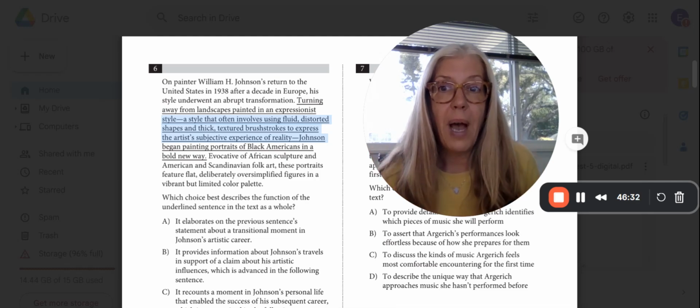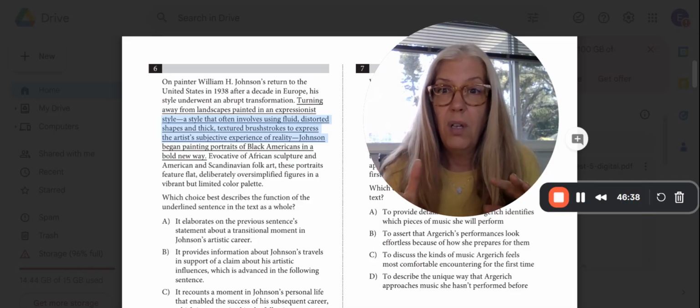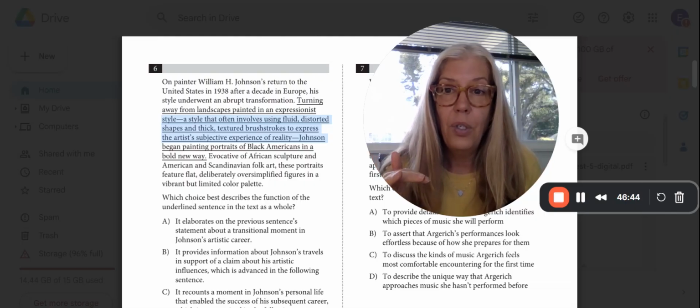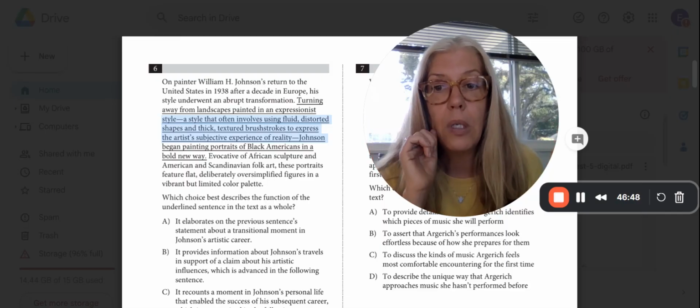Overall, they're talking about this. So if I say the main idea is Johnson's abrupt transformation from landscapes painted in expressionist style to a new style, I can just say that. I don't remember what the new style was.